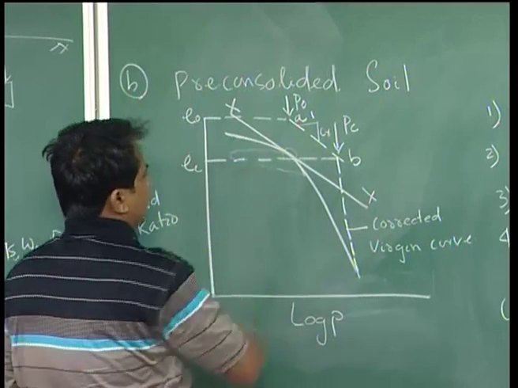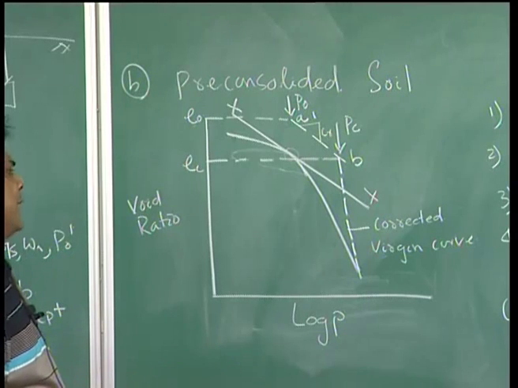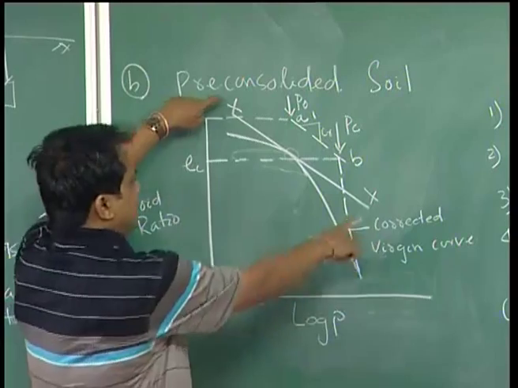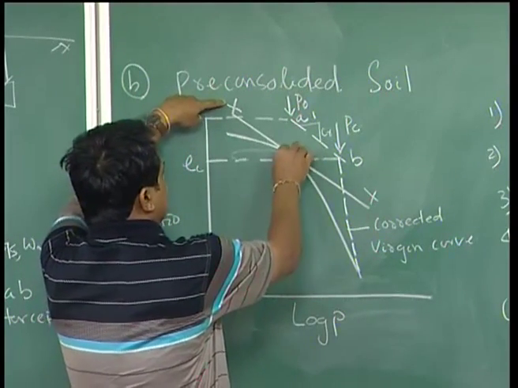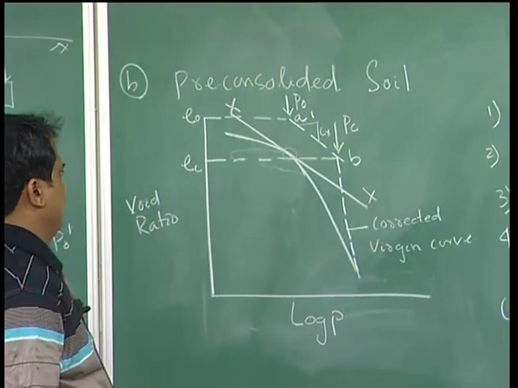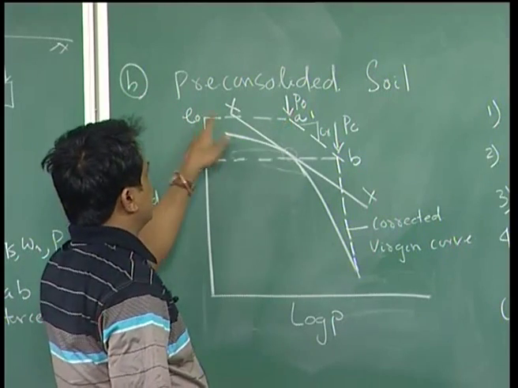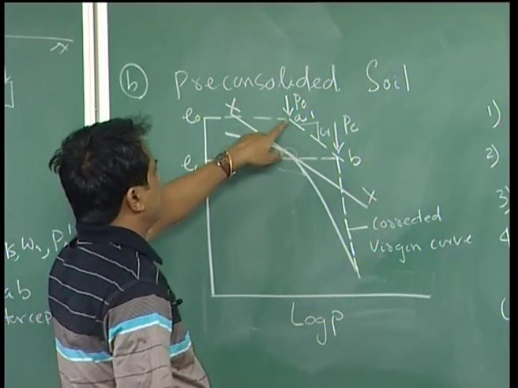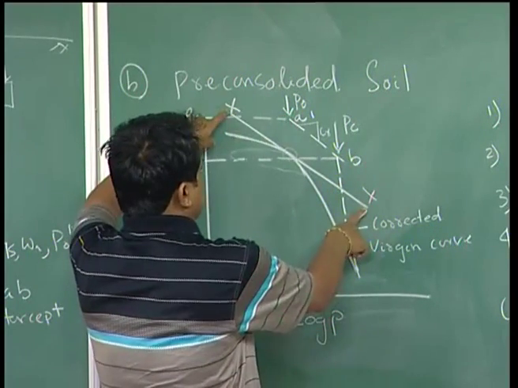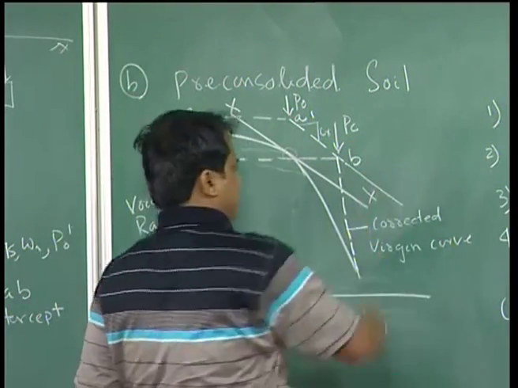So, this point will be your slope of rebound by I. By I you identify your slope of rebound as line xx. Draw line xx with that point and through A. Once you draw line xx, point A is already there, E0A corresponding to P0. With A, draw another line parallel to xx. So, it may go somewhere else.